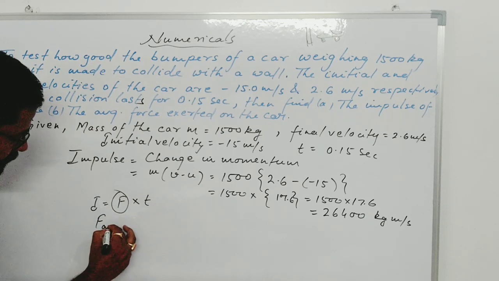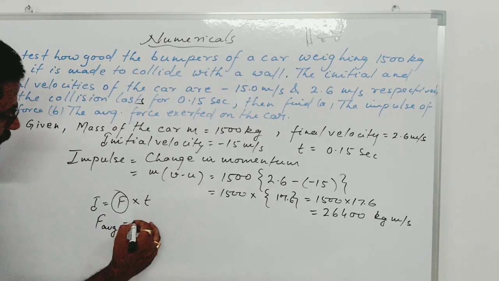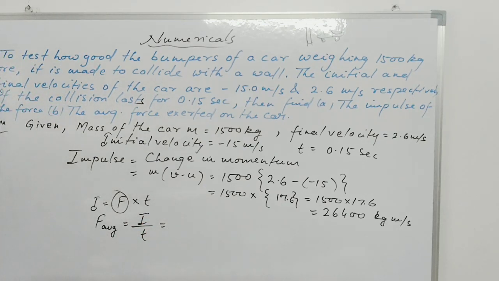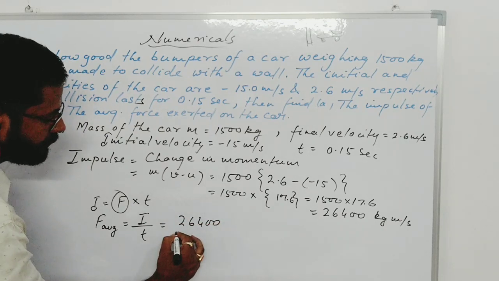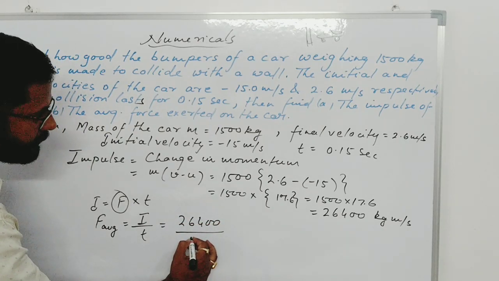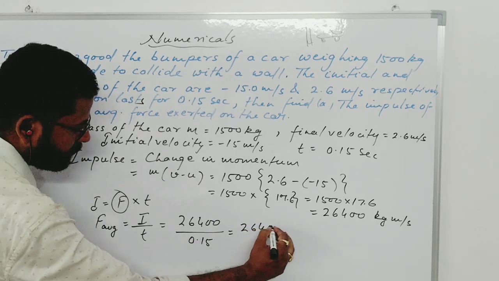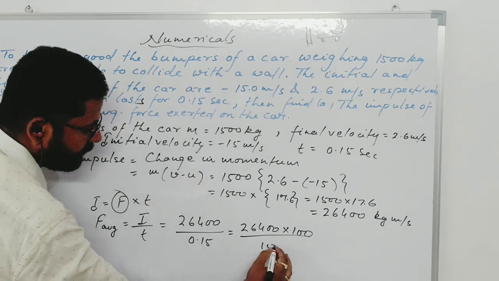So average force exerted on the car is equal to impulse upon time, and we already found the impulse, that is 26400 upon time, that is 0.15, and that is equal to 26400 into 100 on 15.